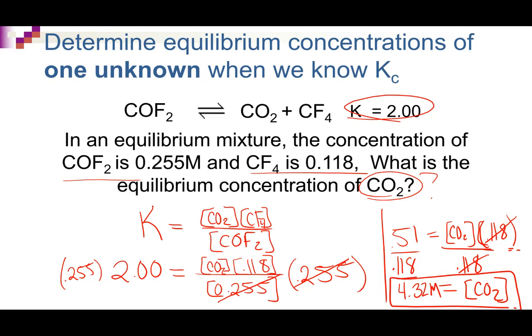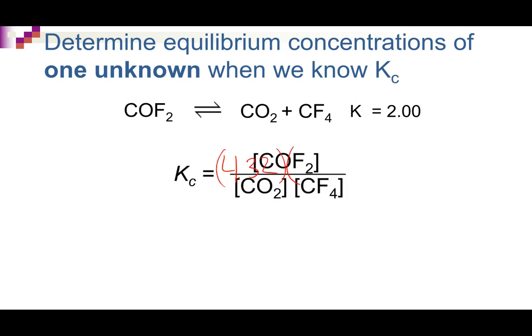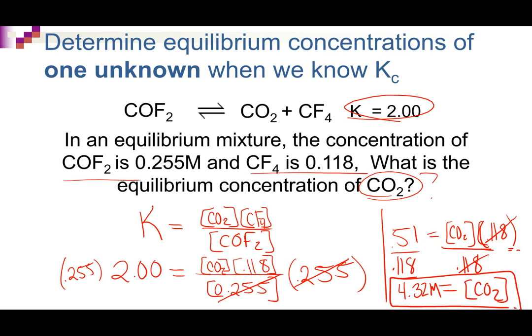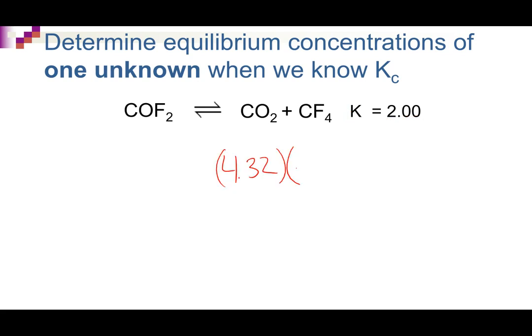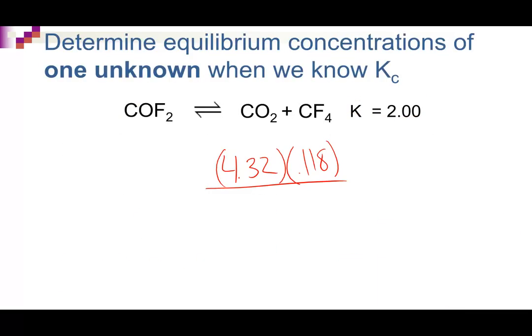The cool thing about these problems is we can check our work pretty easily. If I want to check my work, I can just plug it back into the equation. Carbon dioxide is 4.32. I'm going to multiply that by CF4, which is 0.118, and then divide by the reactant, which is 0.255.